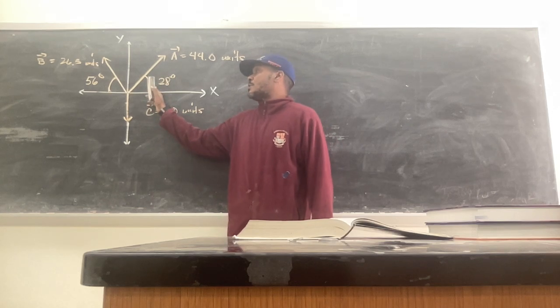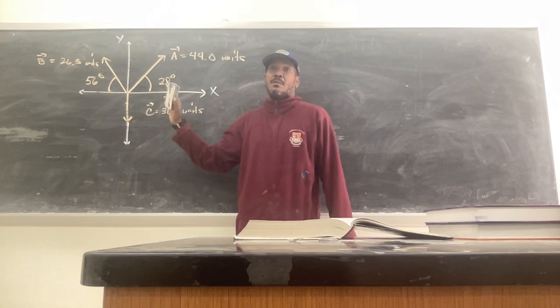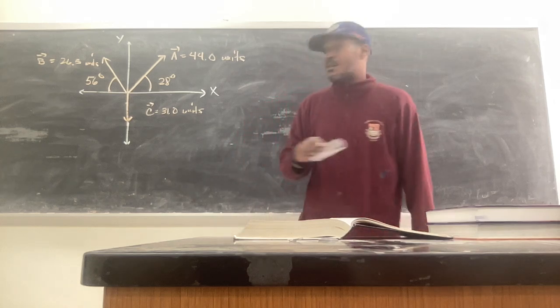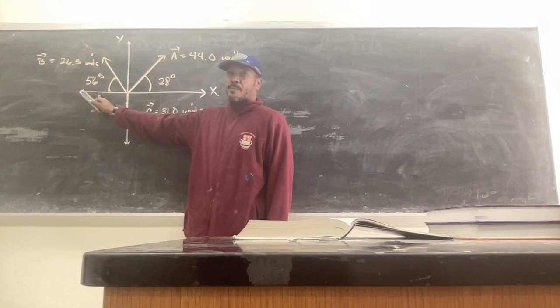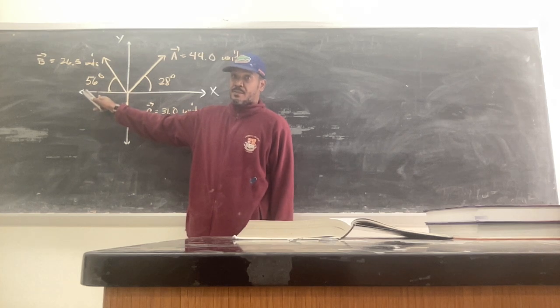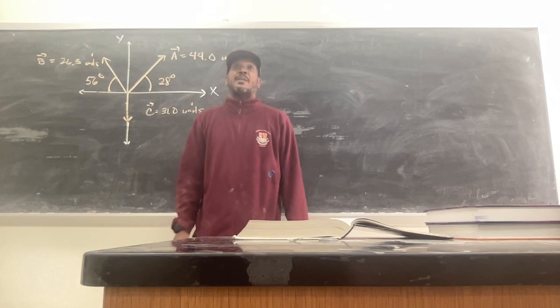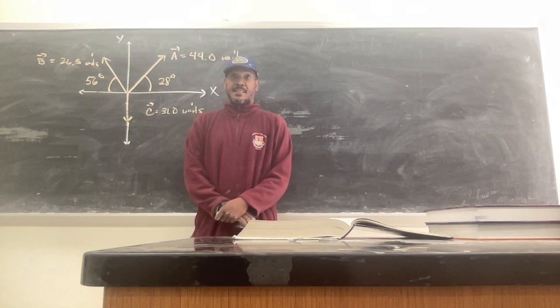It points in a direction that is 28 degrees north with respect to the positive x-axis. So what we would say is that vector B points in the direction north, 56 degrees with respect to the negative x-axis. Everybody following that?